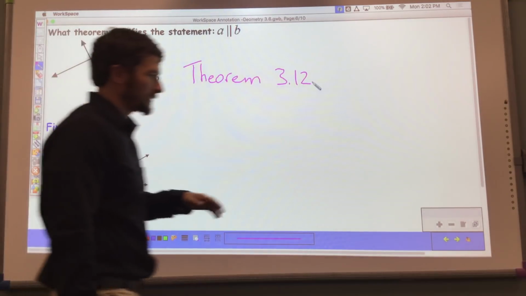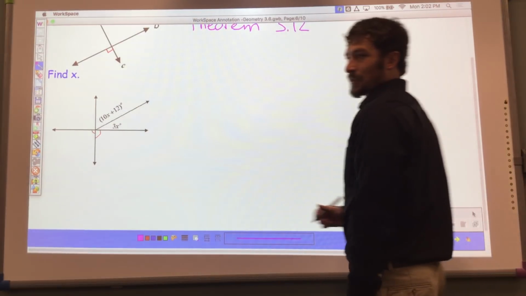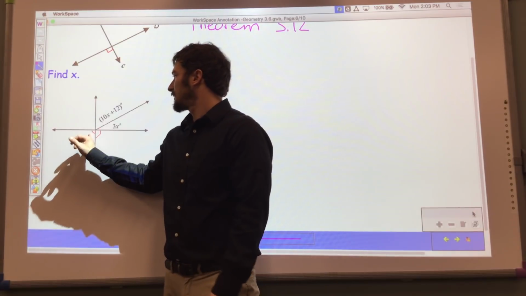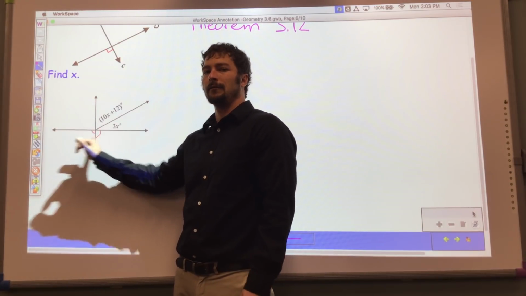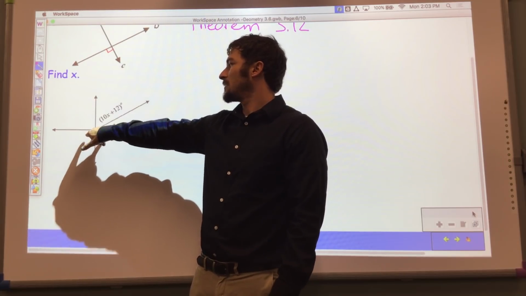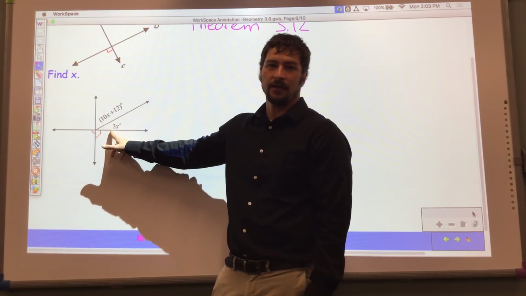Next one says find x. Well, most of you are probably just going to assume they add up to 90. Well, you're right. That's because these two angles are congruent, which means they're a linear pair, so these each are 90. If this is 90, then this angle's 90.